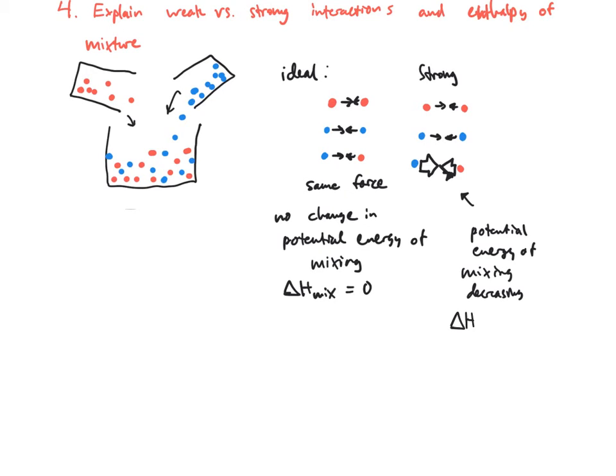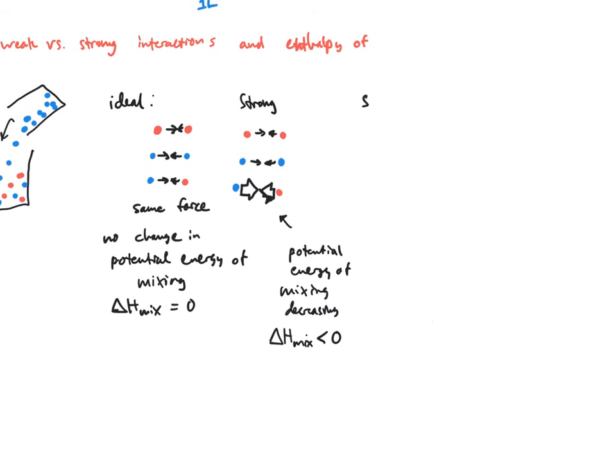So therefore, since the potential energy is decreasing because we're moving in the same direction as the force, this delta H of mixing is going to be less than 0. It's actually going to be exothermic.